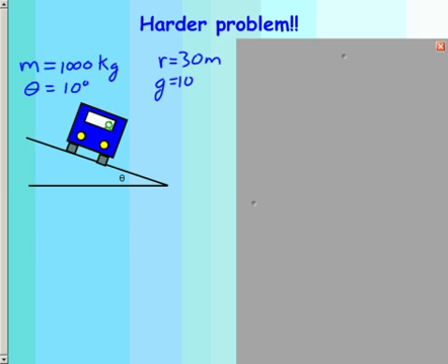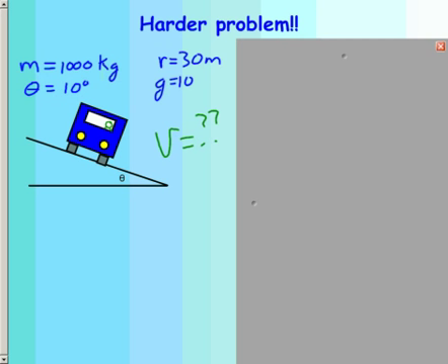What I'm going to tell you is I would go around the corner if I get my velocity just right. So the question we're going to ask today is, what velocity do I need so that I don't have to turn my wheels? I don't have to use any friction from the tires.